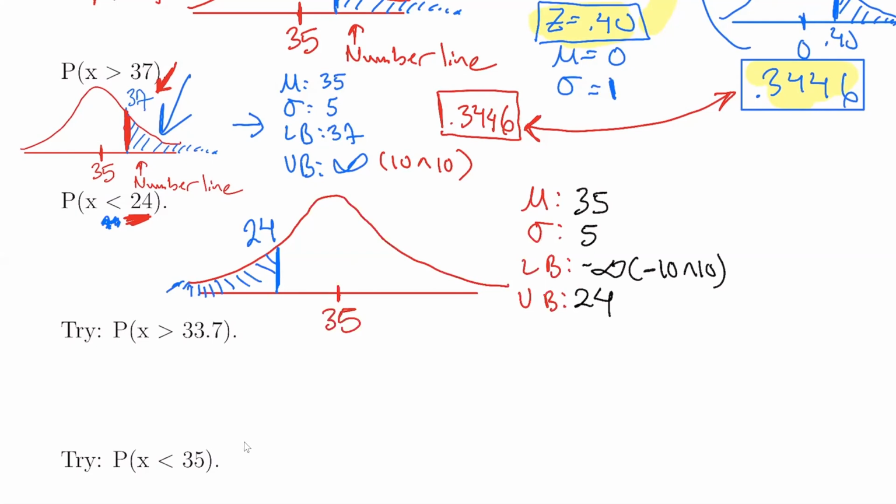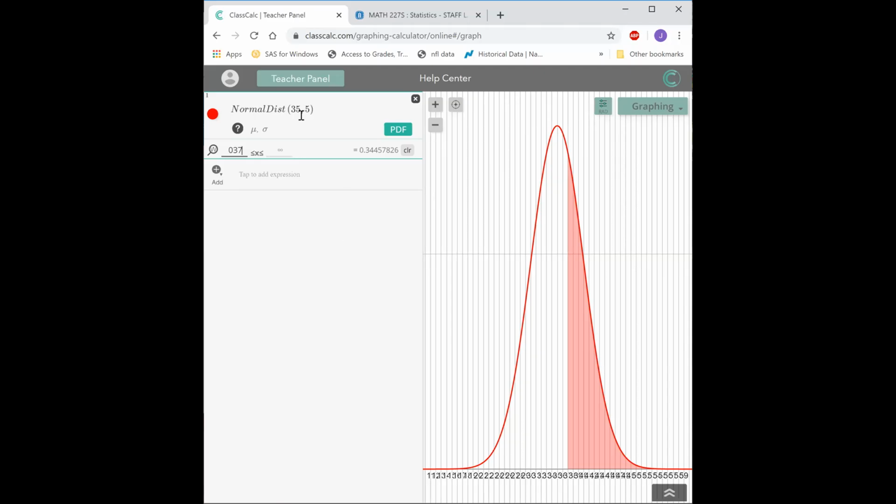Okay, so right now I'm going to transition over to ClassCalc so that I can enter it. I'll also show you how to do it on the TI-83 or 84, so you don't feel left out. I'm using the same thing. My mean and standard deviation are already 35 and 5, but the negative infinity is gone.